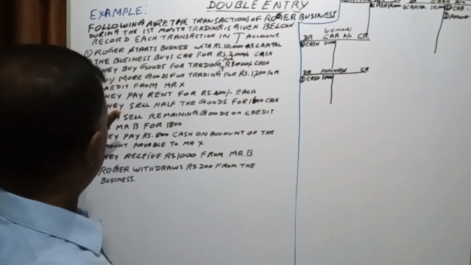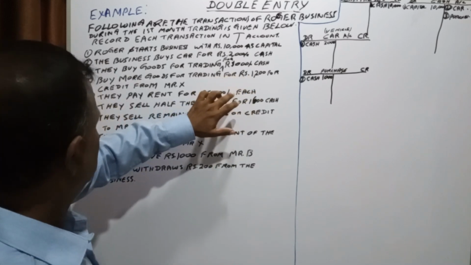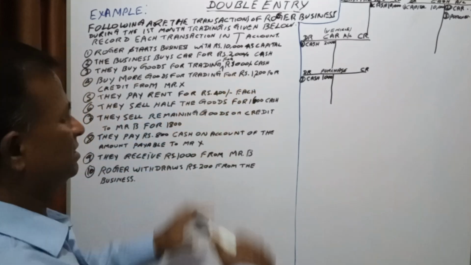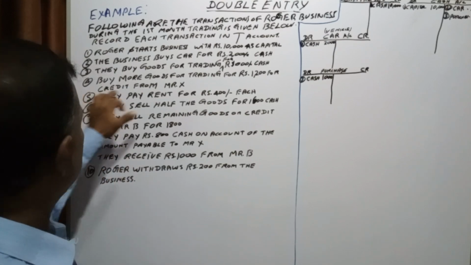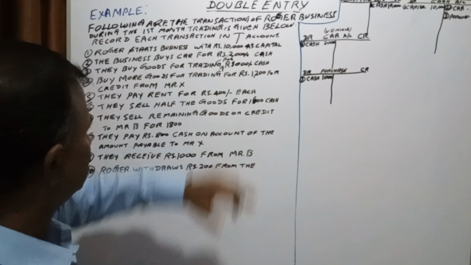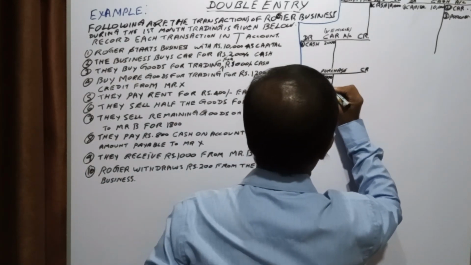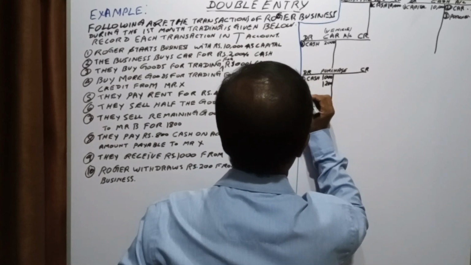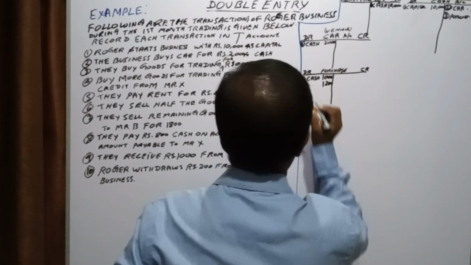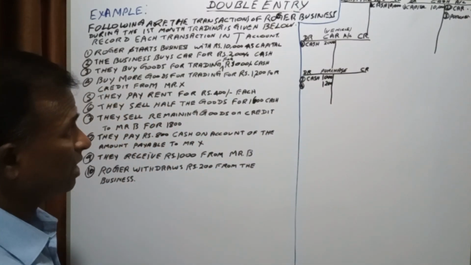In number 4, buy more goods for trading. Goods are coming in, so assets are going up. The purchase account is increased by 1200. Okay, this is adjustment number 4.